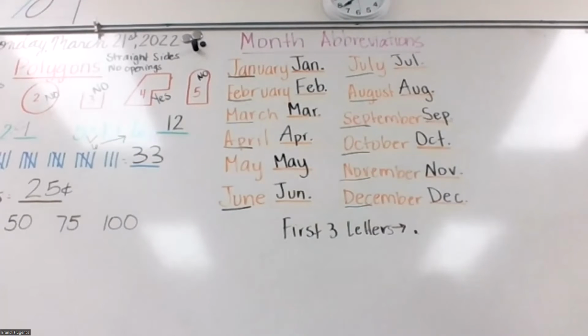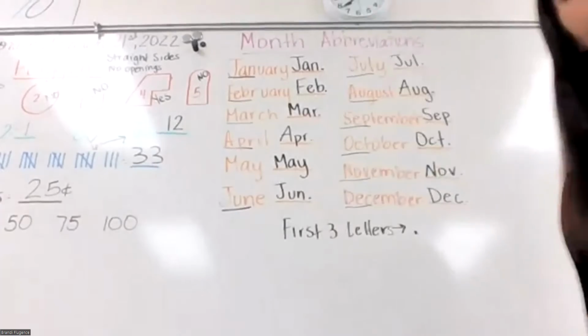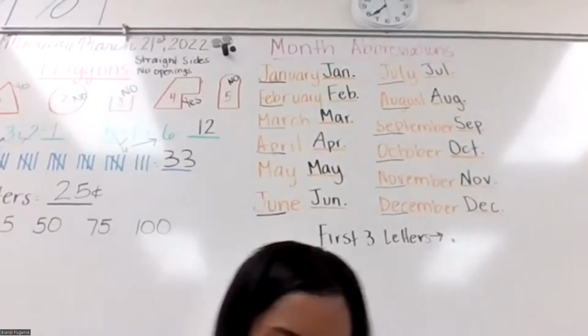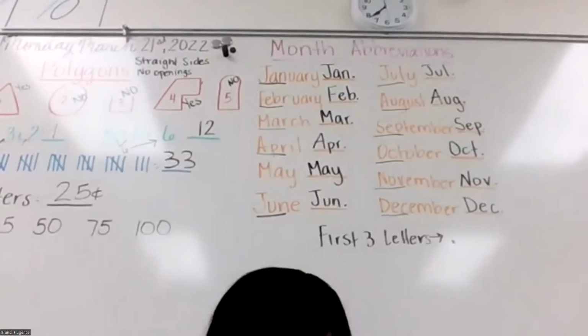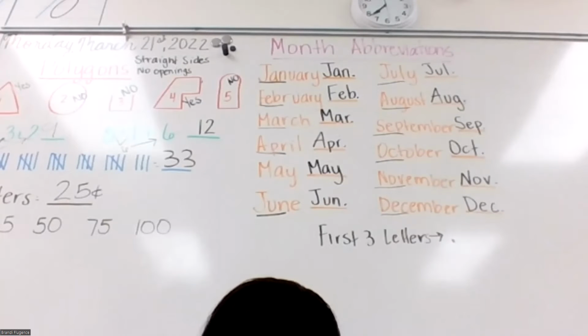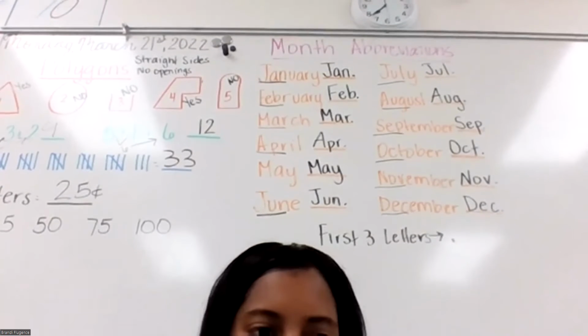All right, we have all the abbreviations for the months. What about our other writing? We don't have writing. Yeah, we don't got writing.